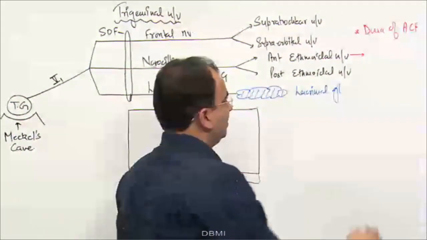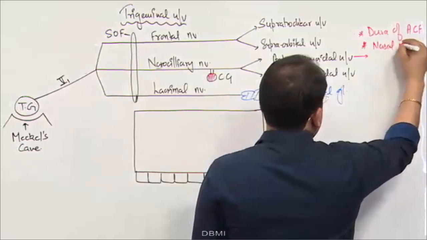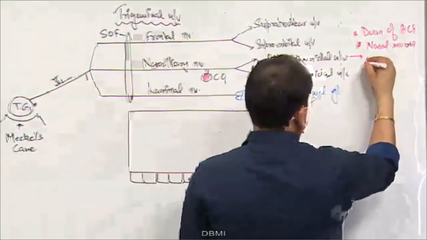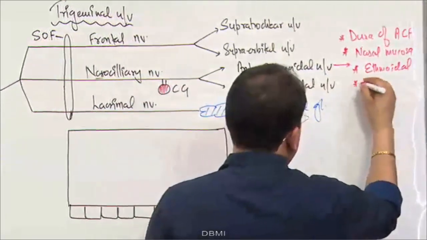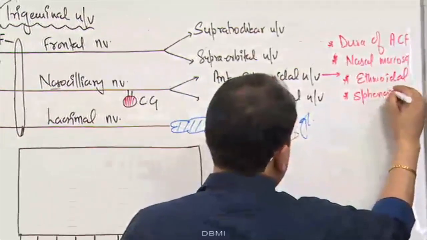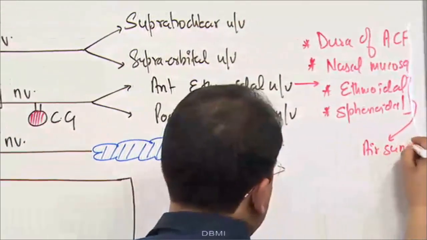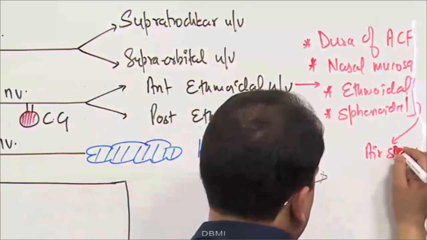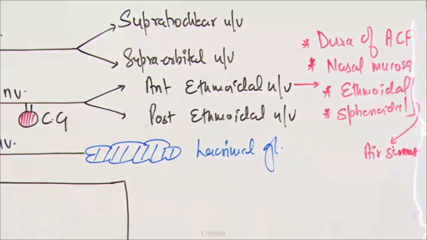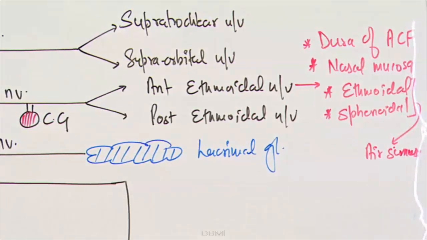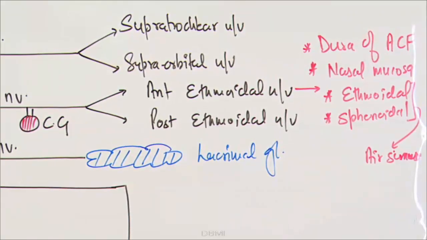Dura of anterior cranial fossa, nasal mucosa, and ethmoidal and sphenoidal air sinuses.